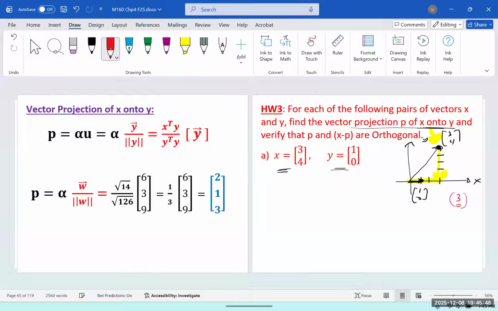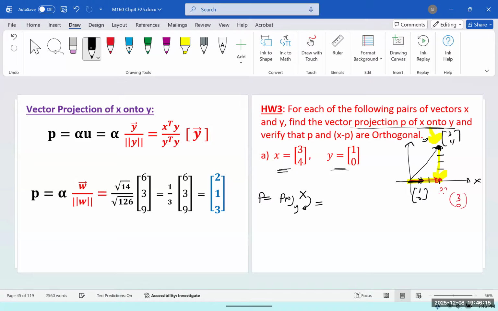It looks like, okay? So let's see algebraically how you solve it. How do you find this vector? This is our goal. What's the location of this vector? So we are finding P, which is the projection of the x vector onto the y vector.